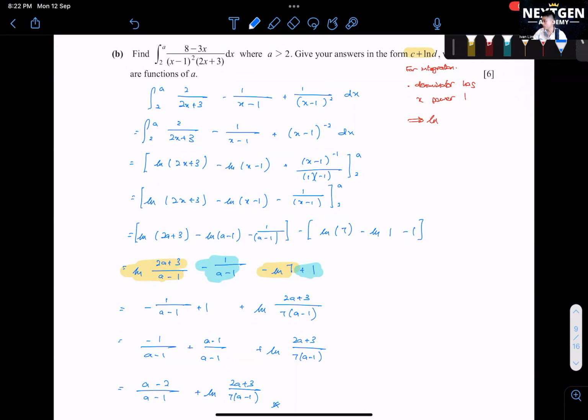Let me just double check. Oh wait, they accept this time. But try not to, because I've seen some other mark schemes that don't accept it. If they put one big ln, they normally just want you to give one ln. So you just want to be safe.